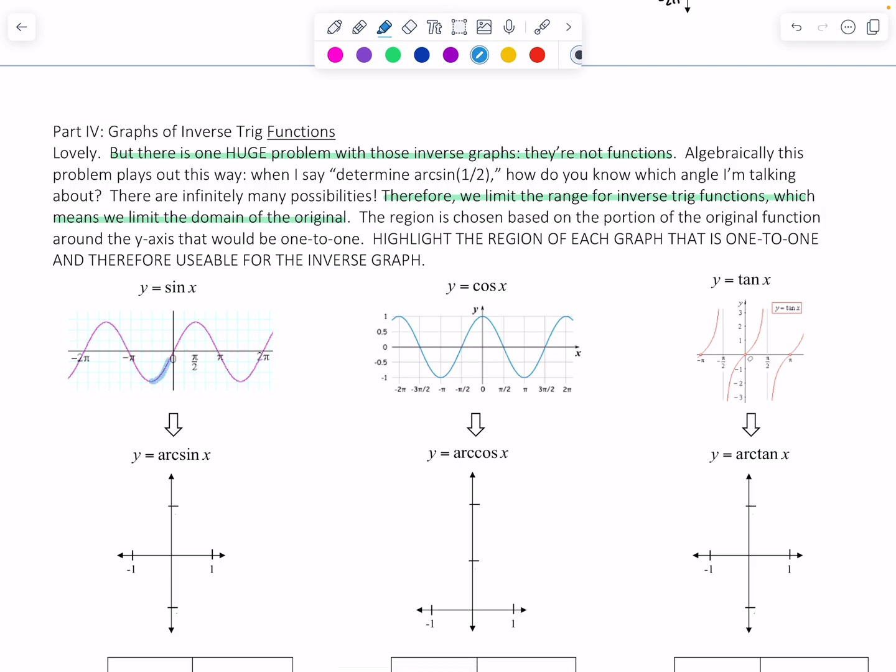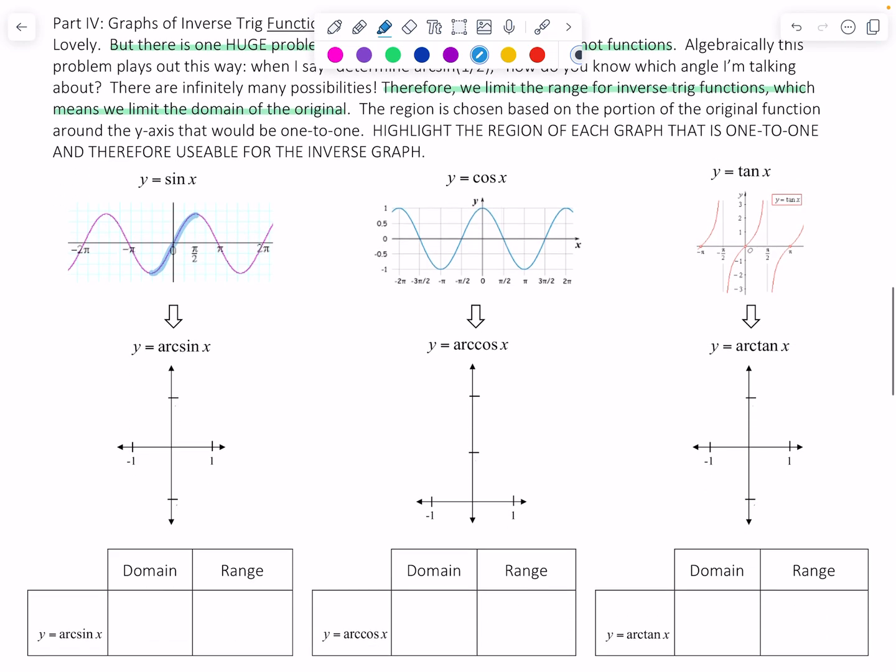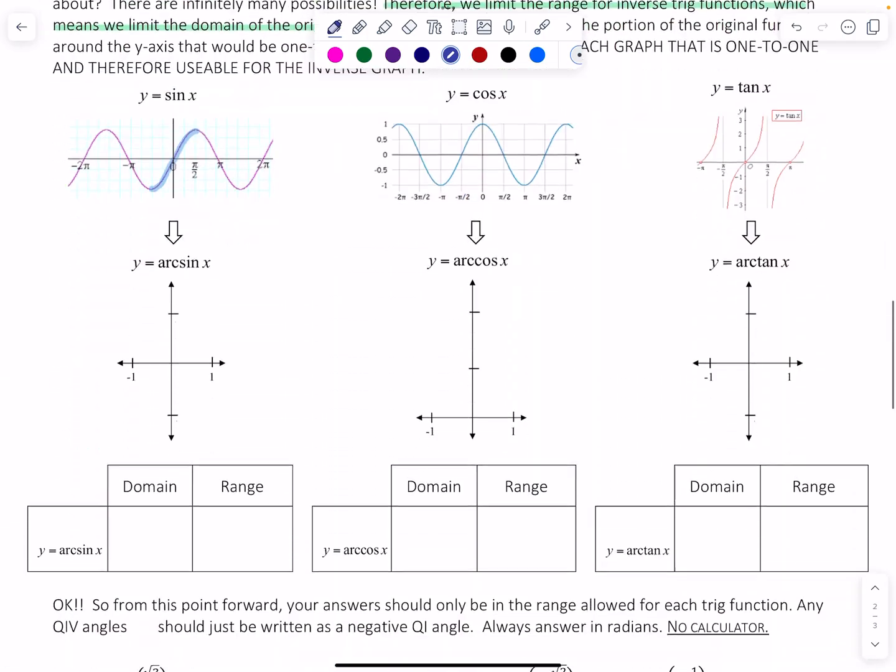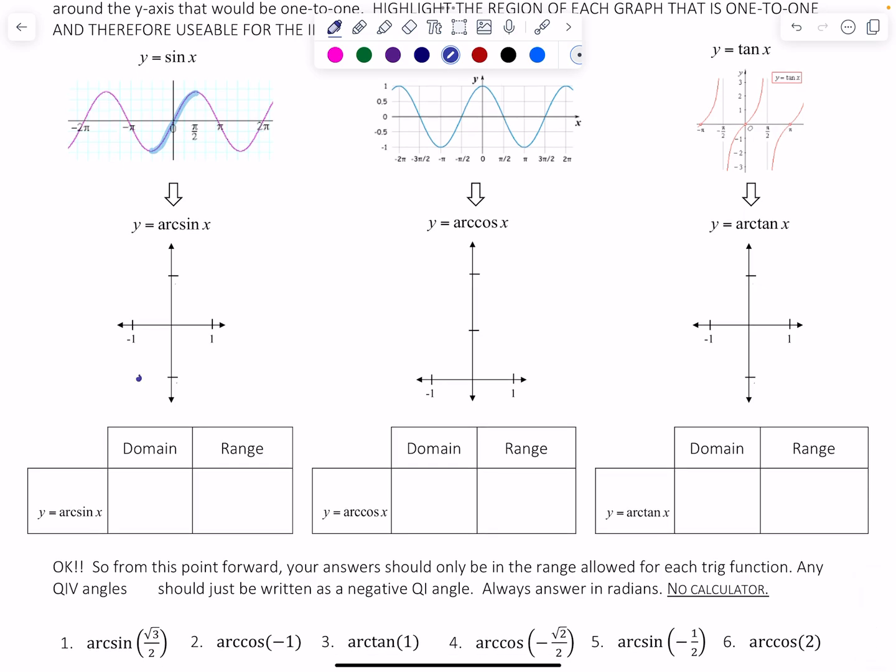We are going to be talking about this portion right here. So when we think about graphing it, we are just going to be graphing through this portion right here.